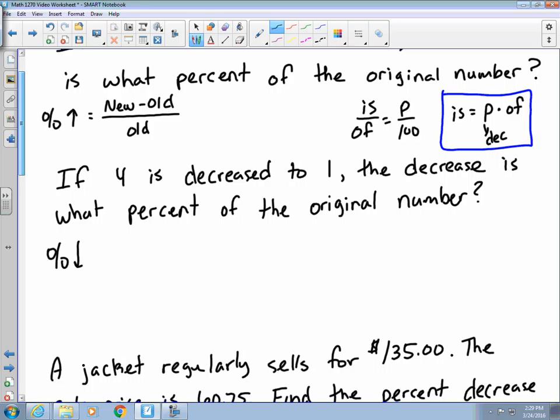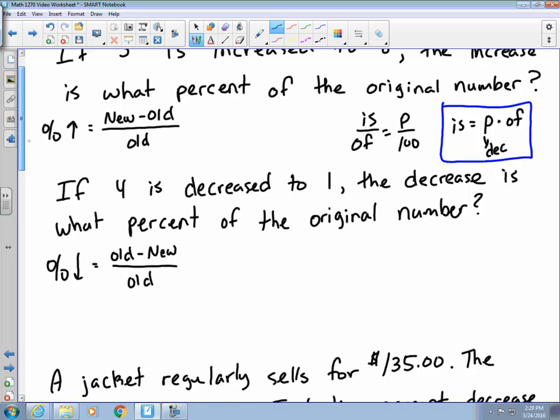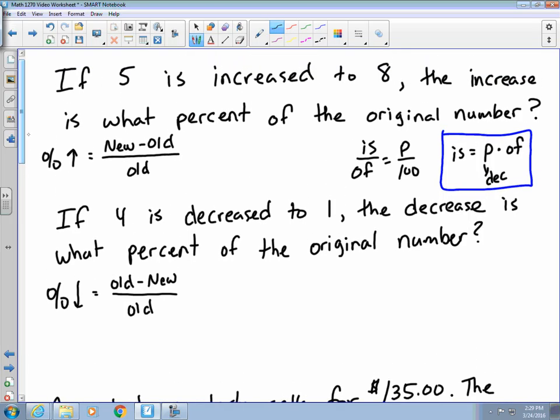So you do your old minus new divided by old. And I'll prove that this formula works and connect it with the percent equation to show you that it is the same thing. But the easy way is it's very simple to memorize this formula because you always divide by old.